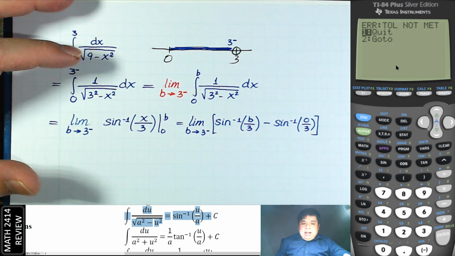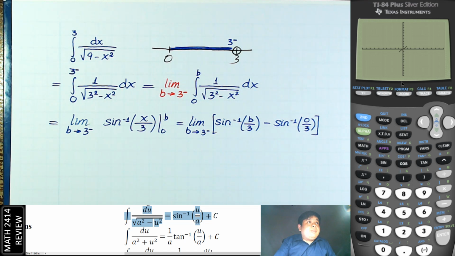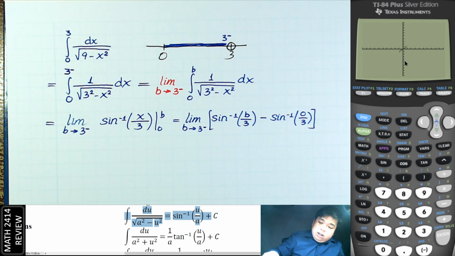Right, now the sine inverse. The good thing about sine inverse, if we graph sine inverse, that is sine inverse of x. It should only go from negative 1 to 1. So when we put 3 in here, we have sine inverse of 1.